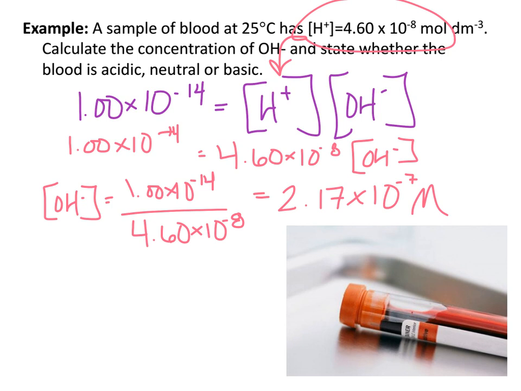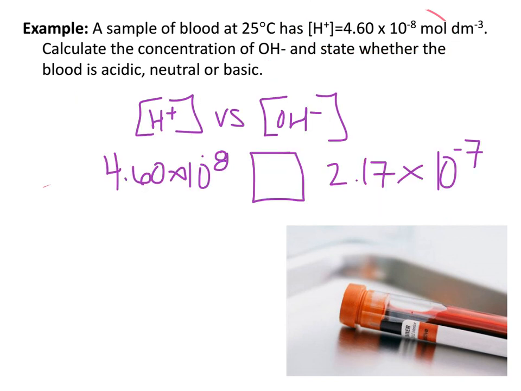Now our next step is to determine whether it's acidic, basic, or neutral. And to do that, we need to compare the concentrations. So now we want to ask whether the given hydrogen ion concentration of 4.60 times 10 to the -8th is greater than, equal to, or less than the calculated concentration of 2.17 times 10 to the -7th for the hydroxide.